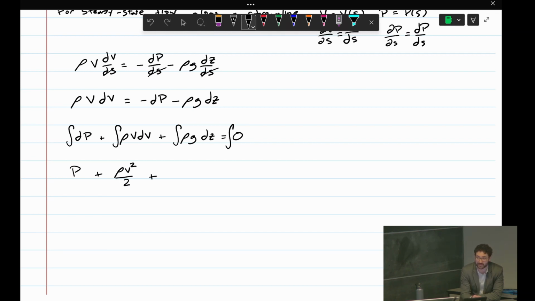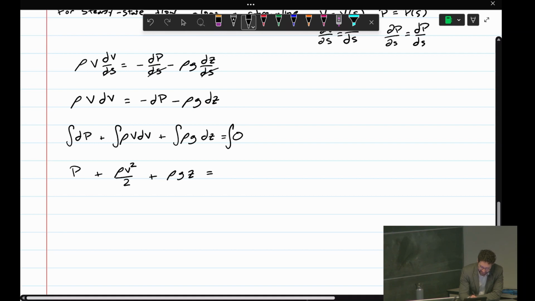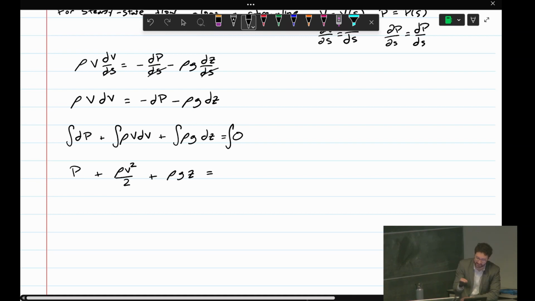Assuming that rho and g are both constant with z, it's rho g z, right? What about the integral of 0? It's a constant. I heard both 0 and a constant, but the integral of 0 is a constant. The other way you can think about this is we just collect all the constants from these indefinite integrals on the left-hand side and put them on the right-hand side. So this is just a constant.